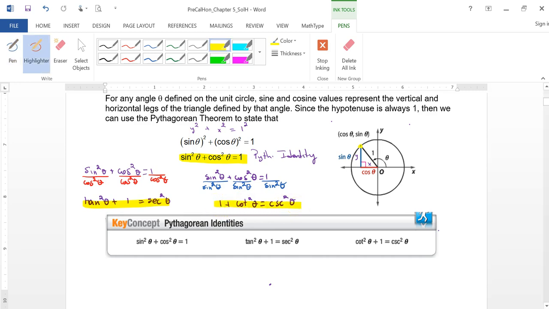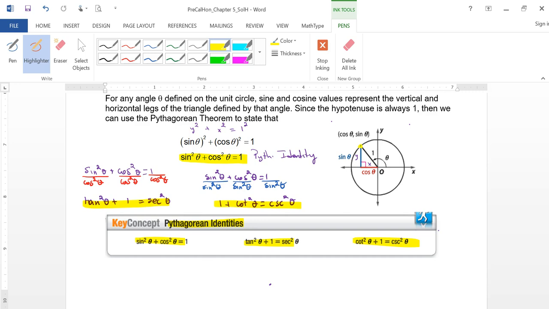Now, as you know, there are 3 Pythagorean identities. You have to know all 3 of them. However, the only one I've memorized is the first one. Everybody knows sine squared plus cosine squared equals 1. I've only memorized the first one.